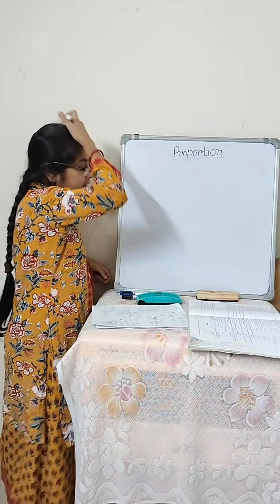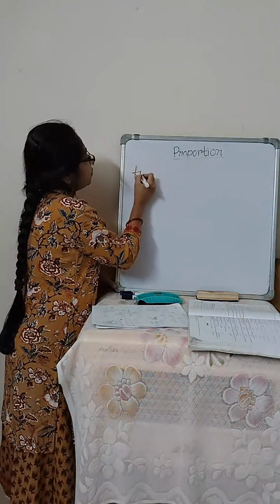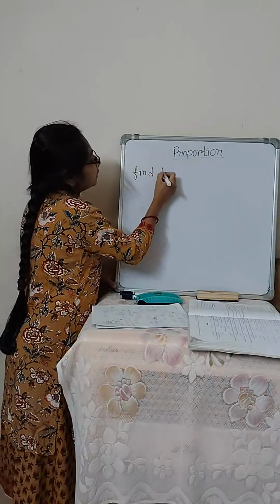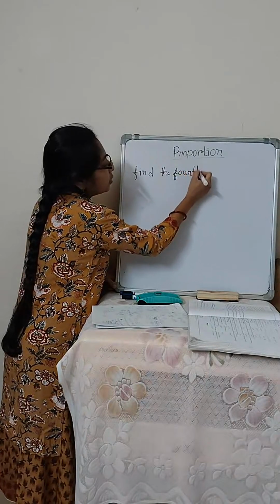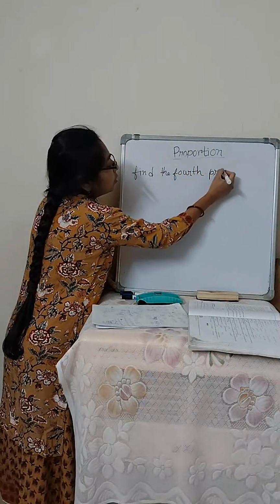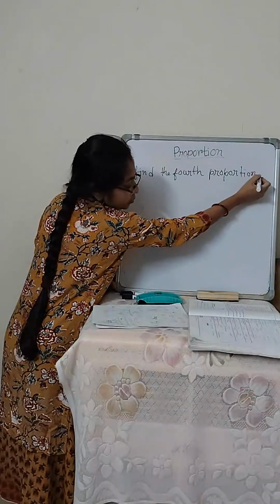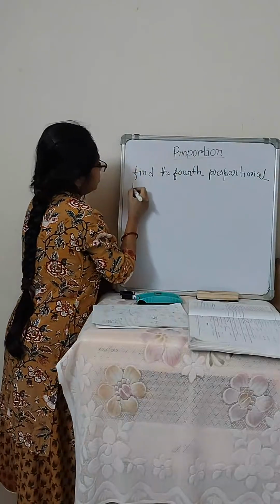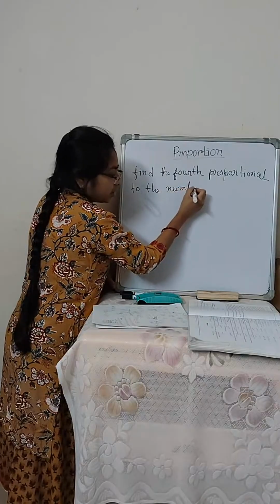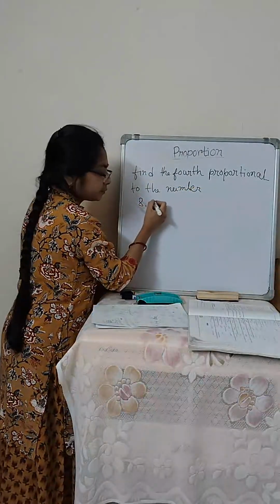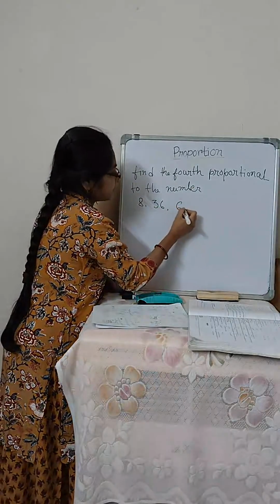Now, find the fourth proportional to the numbers 8, 36 and 6.